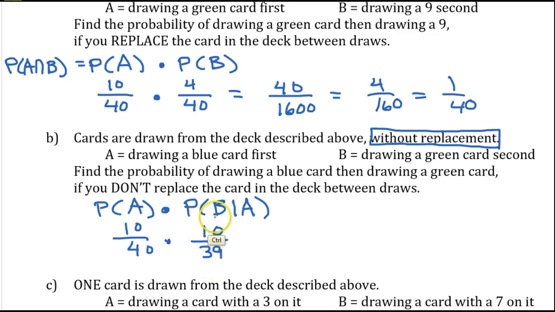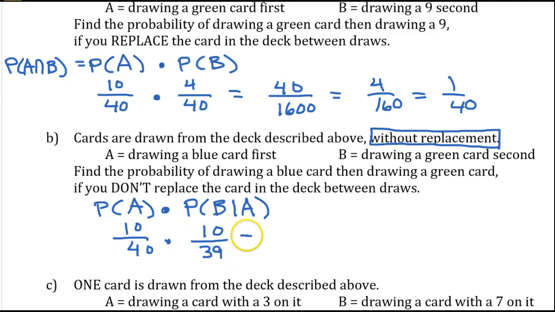All right, so that's what you have to do. So we're still just multiplying the two probabilities together, but you just have to be careful about the second probability, because if you don't put the cards back, the second probability is going to change.